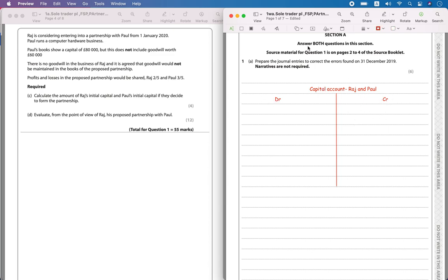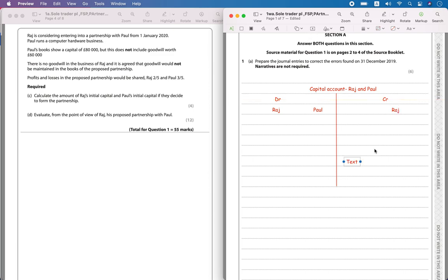You put the debit and the credit. Now on the credit side, initially only Raj's account was there, so I'm going to put that. But on the debit side, I'm going to have the two accounts, one is Raj and the other one is Paul, because they have formed a partnership.